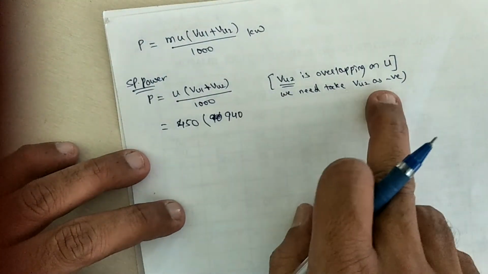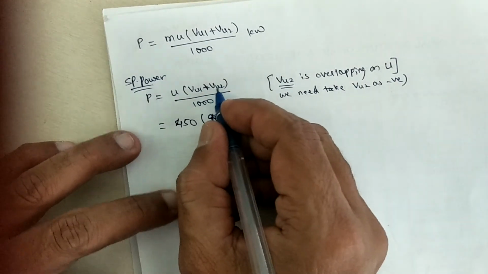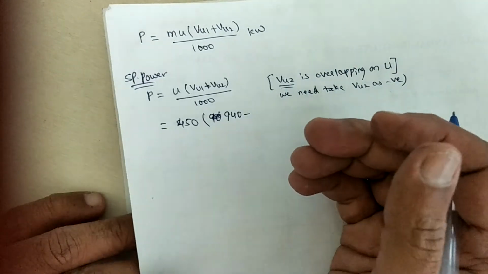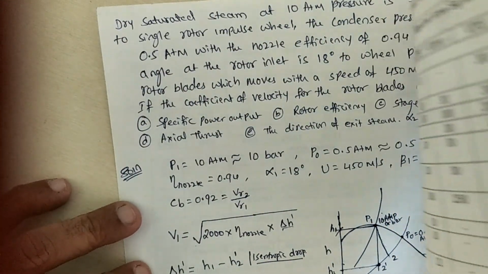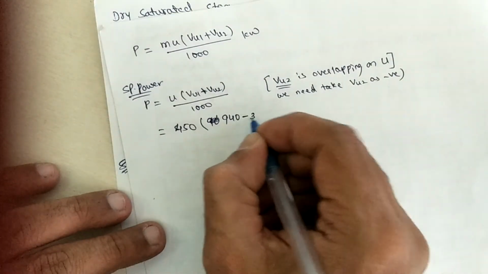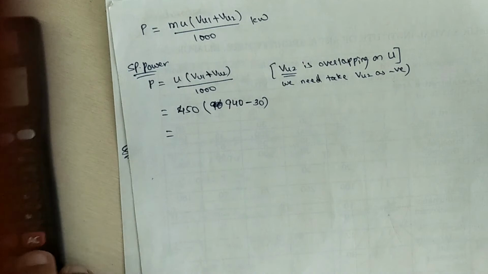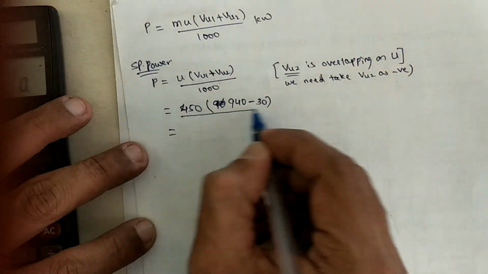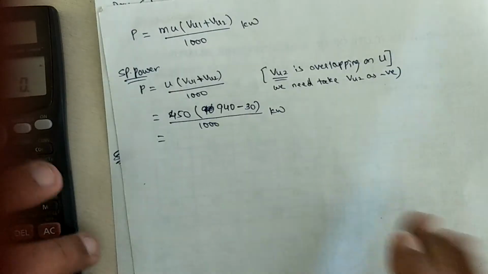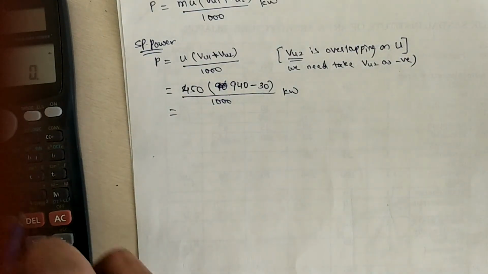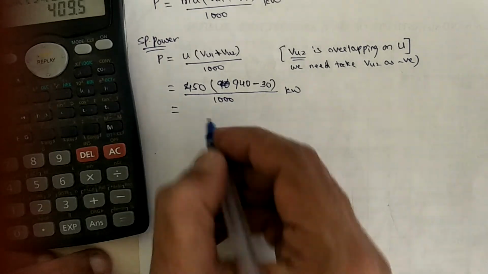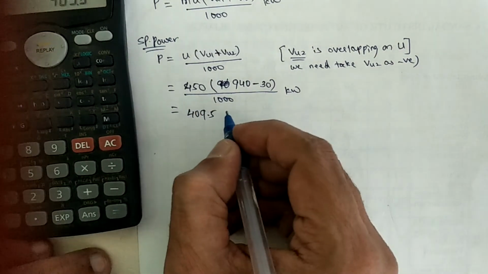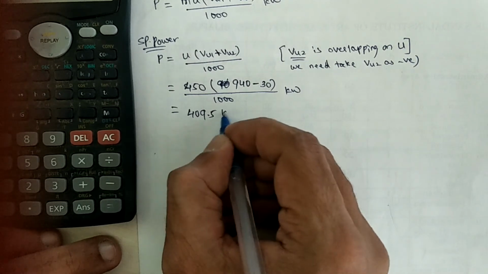So I substitute VU2 as minus 30, the value we obtained, 30 meters per second. Specific power is 450 into (940 minus 30) divided by 1000 kilowatt. So I will get 409.5 kilowatt.